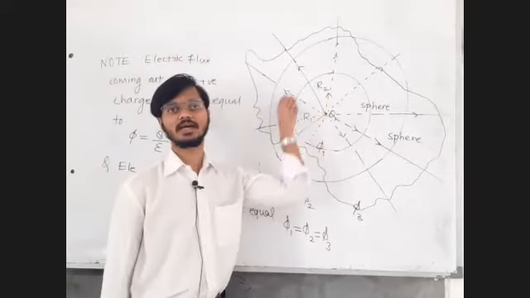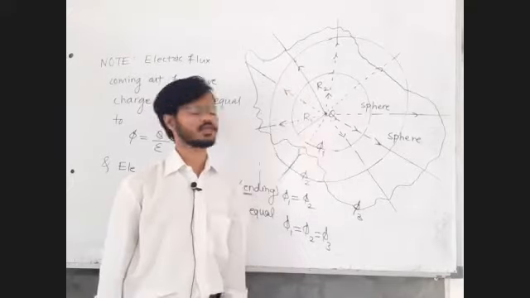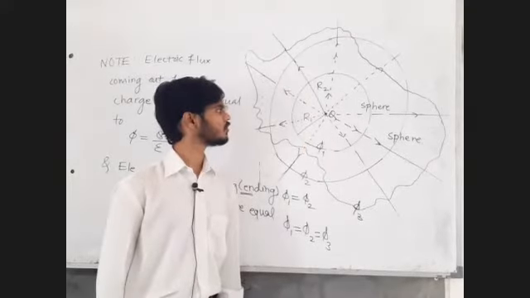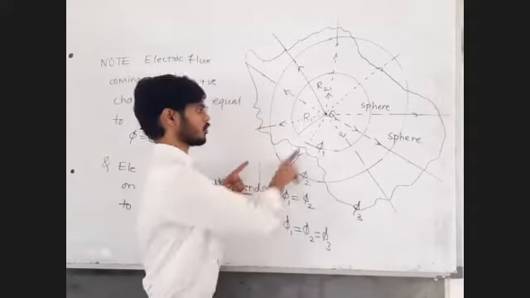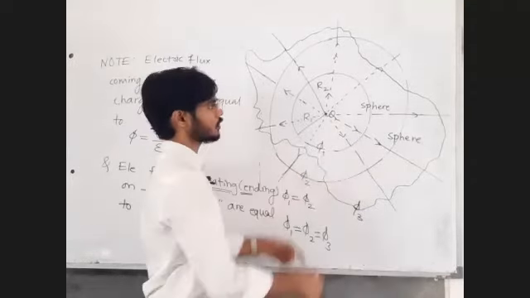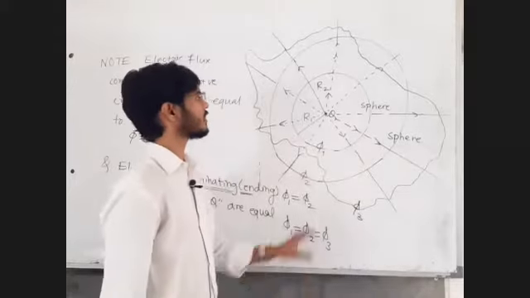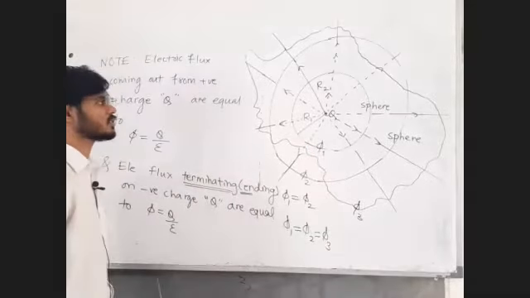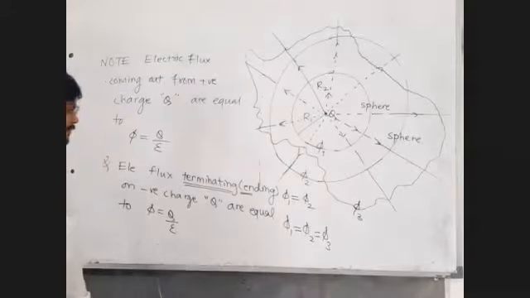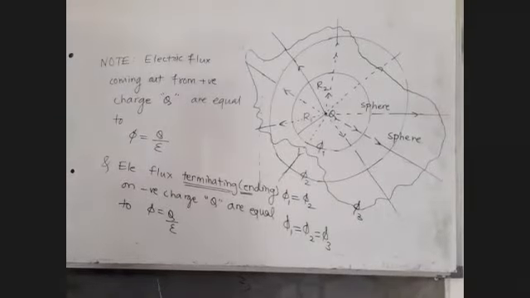Net charge inside that closed surface must be negative, and therefore the total flux is negative. If the total flux is positive, net enclosed charge is positive. If negative, net enclosed charge is negative. It is this simple.